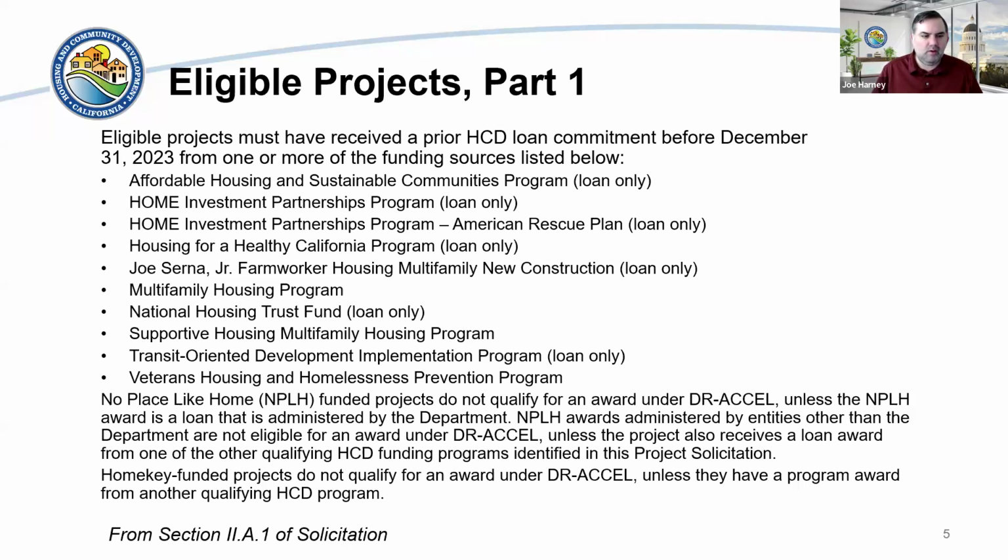No Place Like Home awards administered by entities other than the department are not eligible for an award under DR Accelerator unless the project also receives a loan award from one of the other qualifying HCD funding programs identified in this solicitation. Home key funded projects do not qualify for an award under DR Accelerator unless they too also have a program award from another qualifying HCD program.